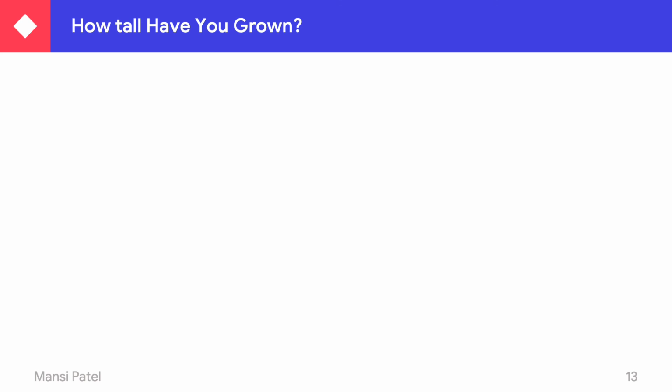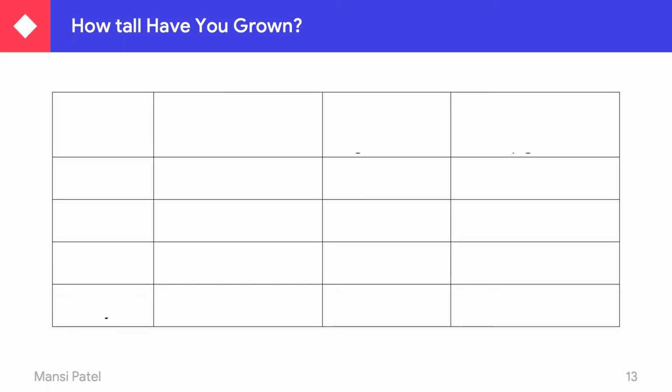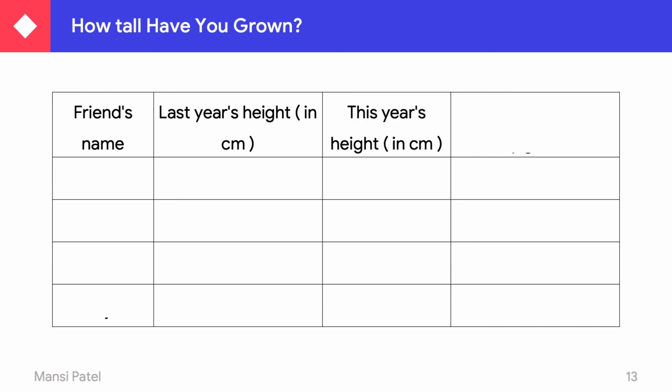Let us see how tall you have grown. In this I am giving the list of some friends, their last year's height, then this year's height, and then you have to tell me how many centimeter they have grown. First is Sonu. Sonu's height last year is 125 centimeter.